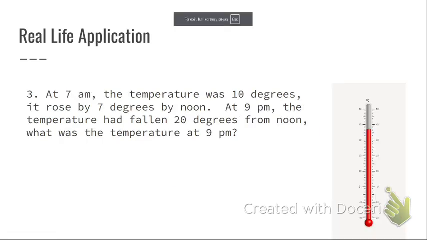Another application would be temperature. So if at 7 a.m. it was 10 degrees, and it rose by 7 degrees, and then it had fallen 20 degrees since then.